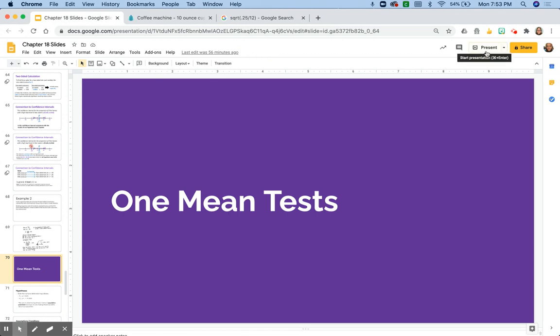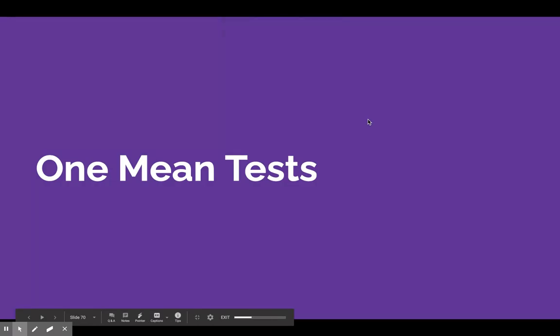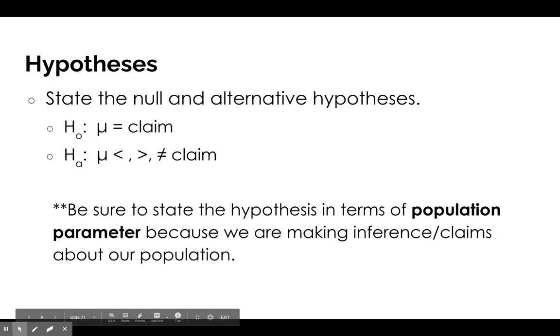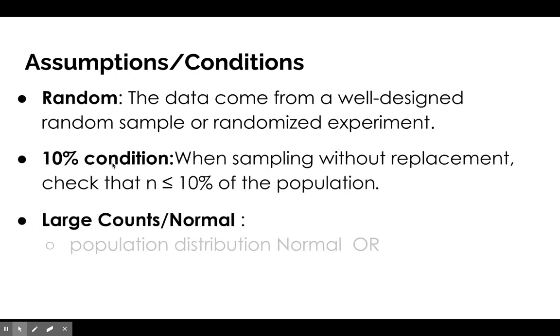Okay, so that part of the presentation took a while. I want to show an example of means, but what I'm going to say is not very different from proportions. If you're dealing with means, make sure your null uses mu instead of p. The assumptions and conditions are the same. The only difference is for large counts or normality.